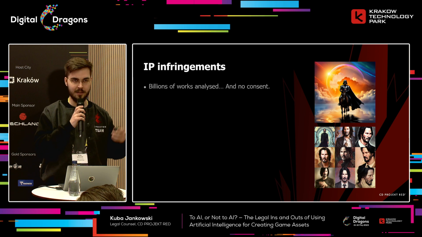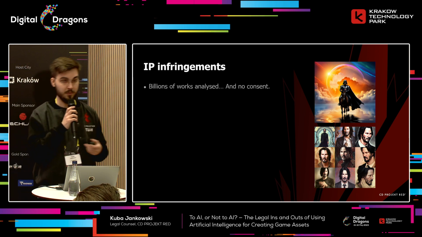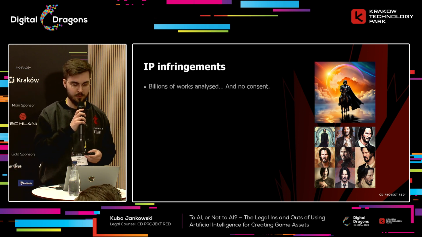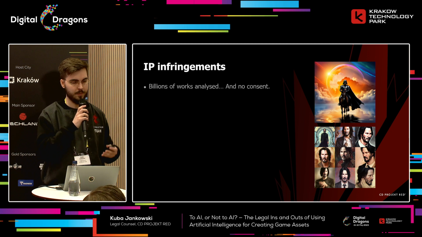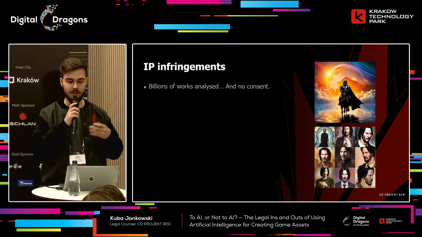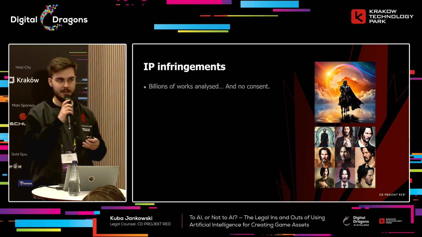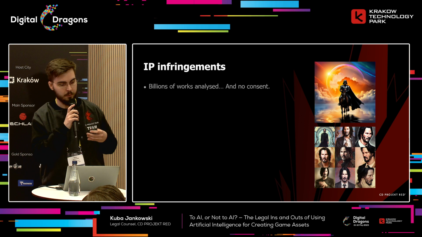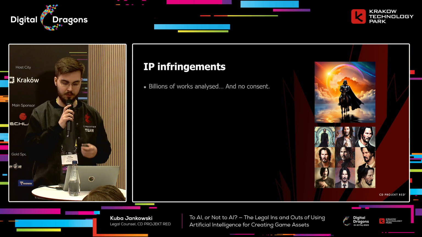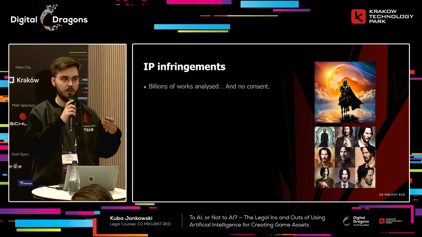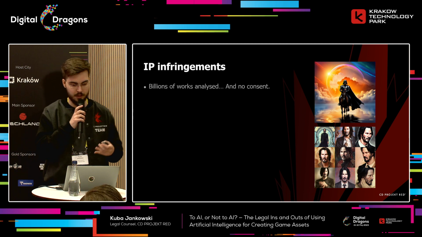So again, let's begin from the beginning, and let's ask ourselves, how do these programs work? So these programs learn on literally millions and billions of works that are analyzed, that are processed without consent from the original author of those works, right? They are taken straight from the internet.